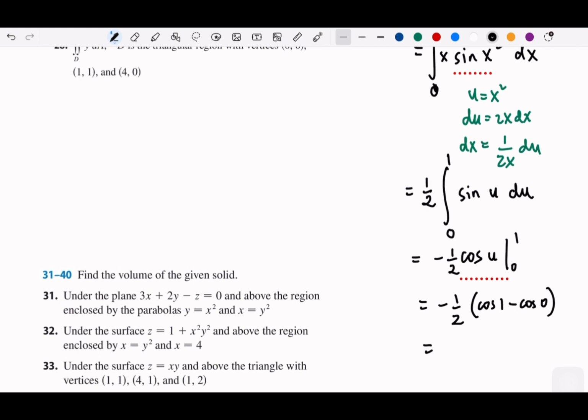Cos 0 is 1, so I can reverse this, making it 1 minus cosine 1. Okay, that's it.